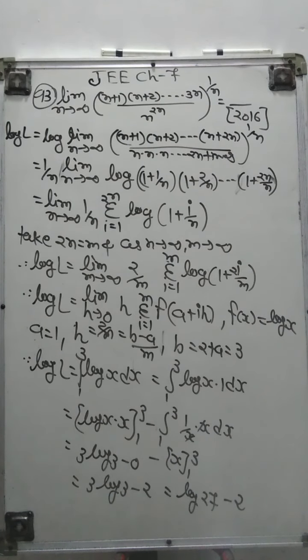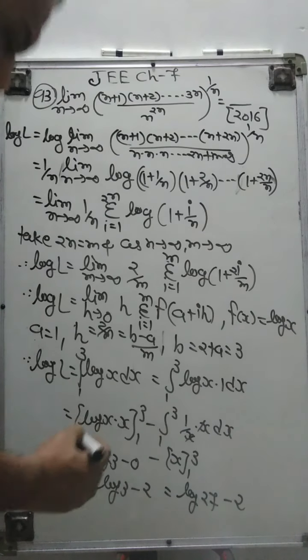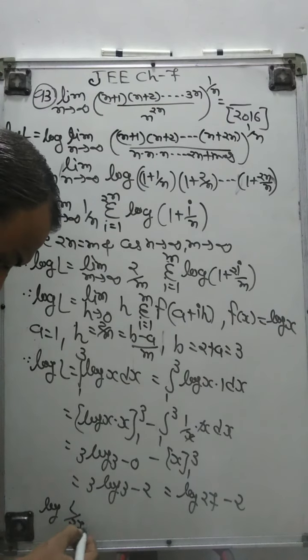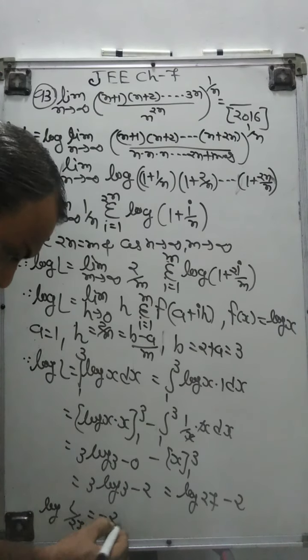So log 27 minus 2 is our answer, or log L by 27 is equal to minus 2.